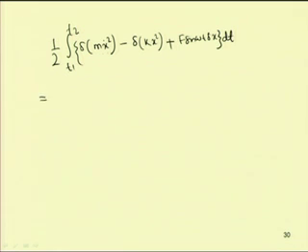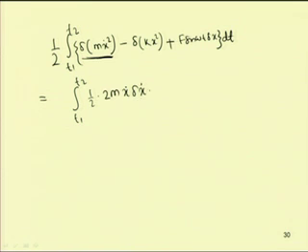If I use the del operator here, then for the first term, x dot square becomes 2 x dot into del x dot.